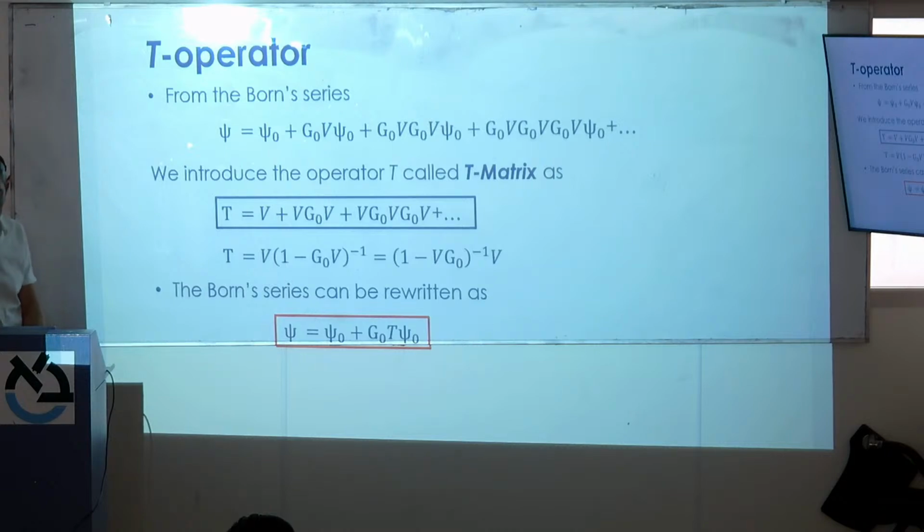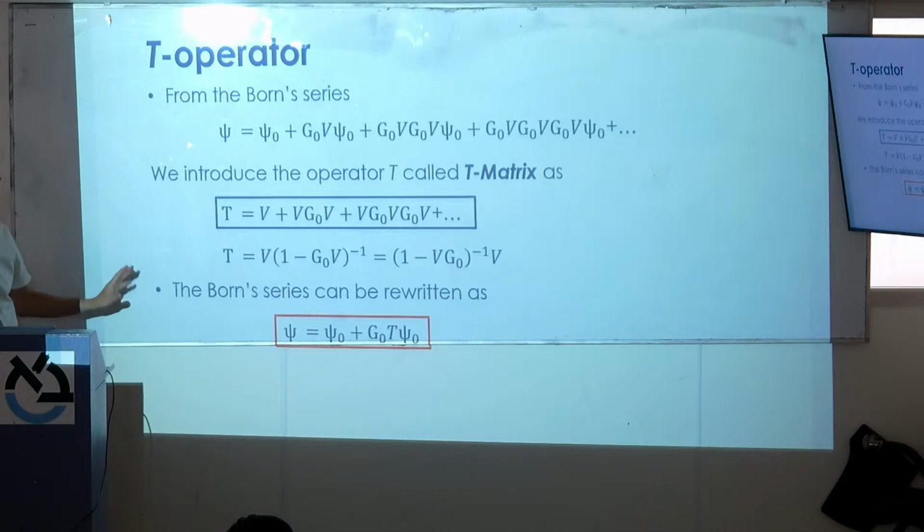So the objective would be to actually determine the T matrix. This is not a simple problem. It doesn't really help; this is as difficult as solving the Lippmann-Schwinger equation.